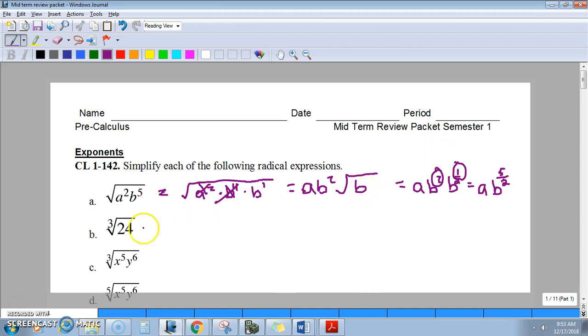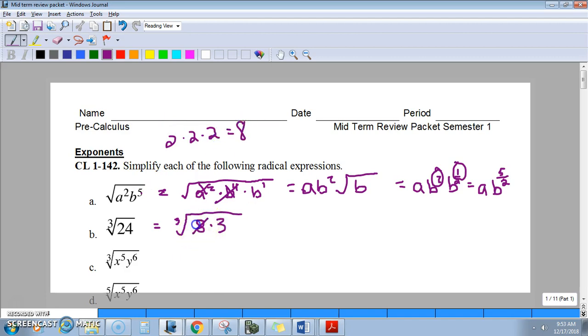Okay, the cubed root of 24. You can use your calculator on this one, but I think there may not be a perfect answer. I'm going to change 24 to be 8 times 3. The reason I did that is because I know 8 is the same as 2 cubed, because 2 times 2 times 2 is 8.